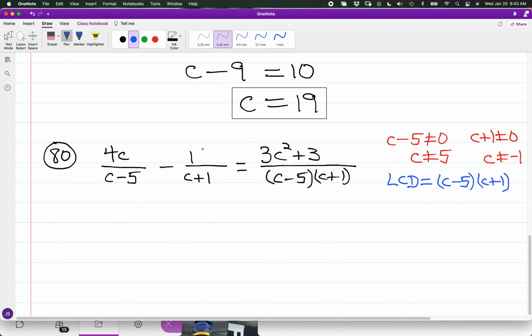In this one, you would have c minus 5 to cancel out, but you would still have the activity between the entities that remain, namely 4c and c plus 1. Now we bring down the subtraction, and with the next term, still multiplying by the least common denominator, over here c plus 1 will cancel.